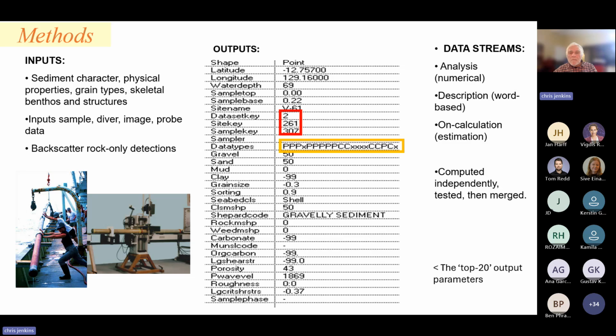And these are processed in parallel and only merged at the final stage before mapping. And that merging can be done as the client wants. So if the client wants to prefer numerical data, so be it. If they want to prefer the whole lot altogether, we can do that. So that's a fundamental part of dbSEABED.